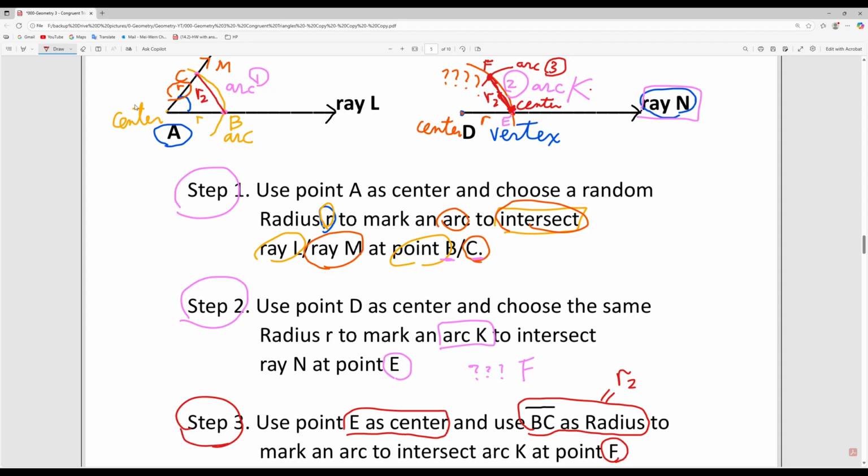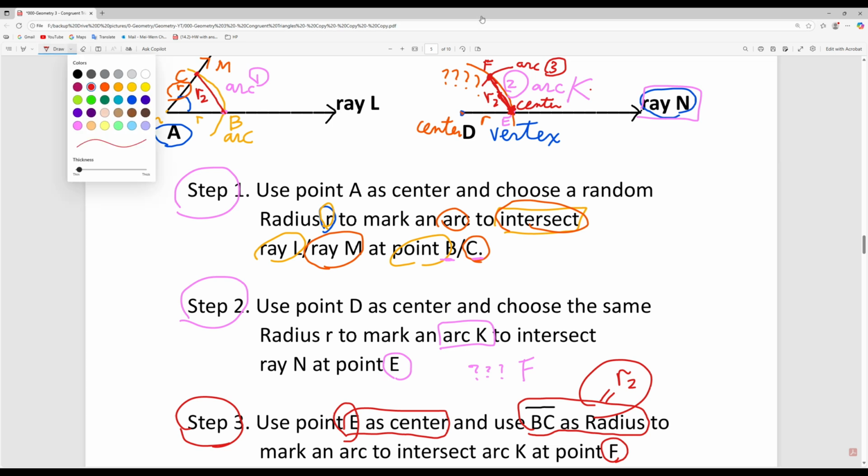One more time. Step 3, you use E as center. Use E as center. And then use R2, which is BC. You use BC, R2, as the radius and draw an arc here. This arc. Let me use a special color.